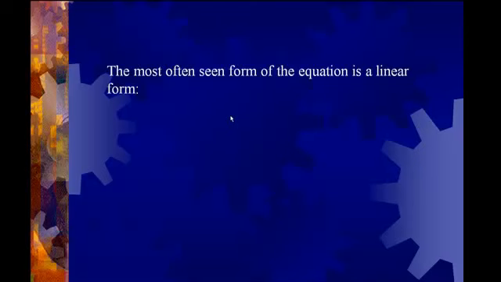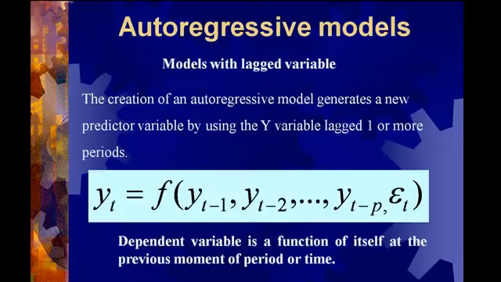The most often seen form of the equation is linear form. Now this previous one doesn't specify what kind of function of y sub t minus 1. Is it y sub t minus 1 squared? Cubed? We're not specifying yet.